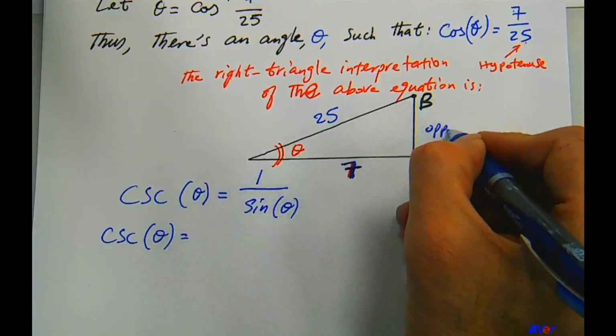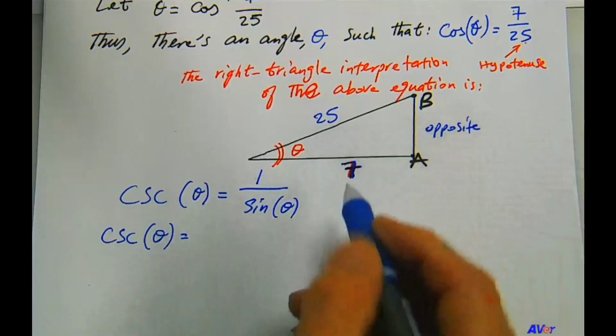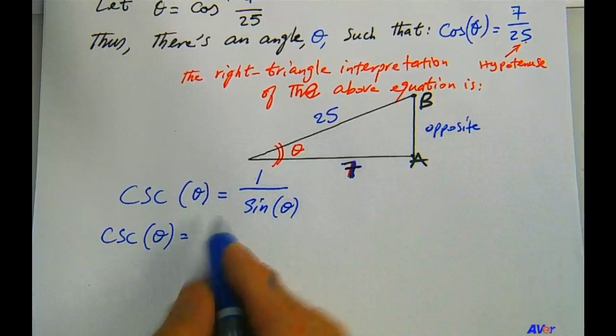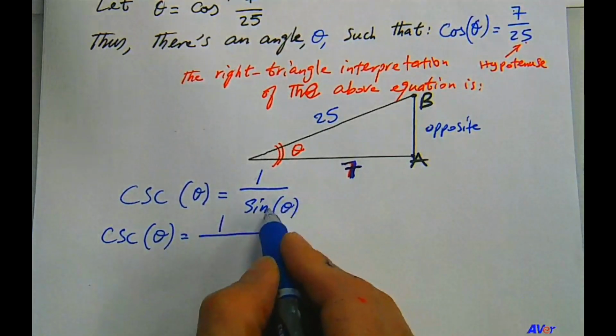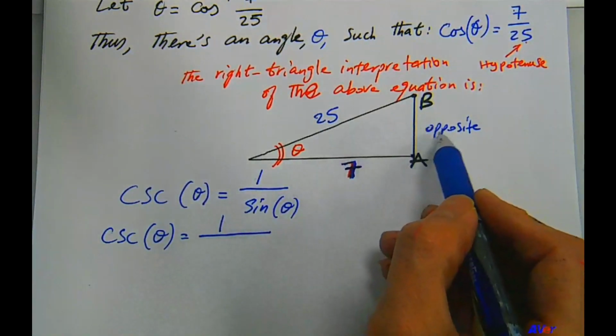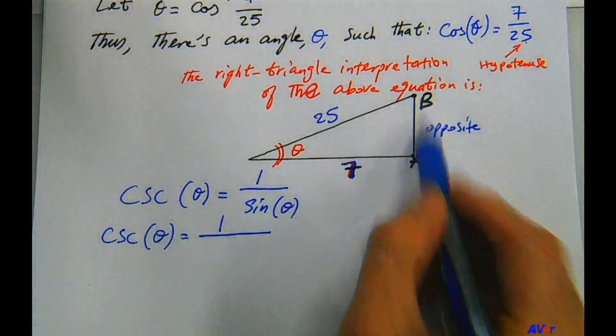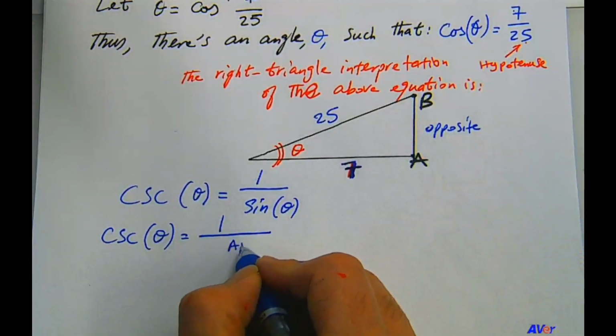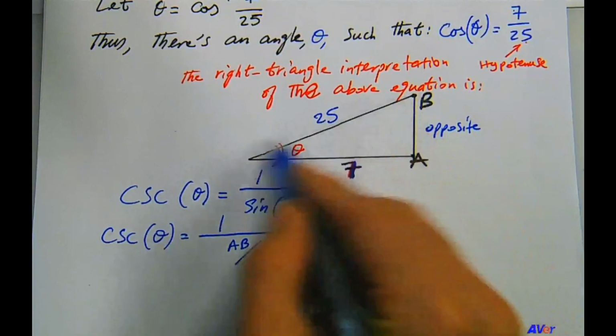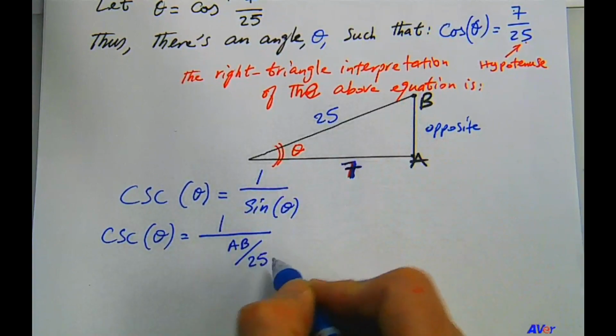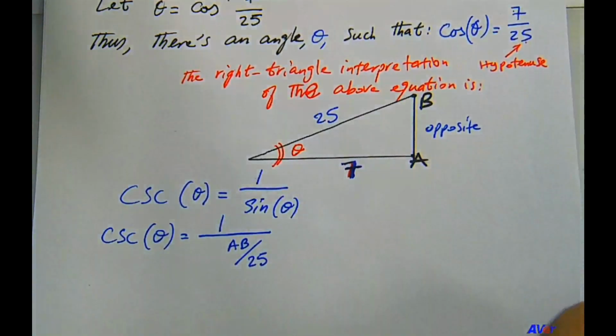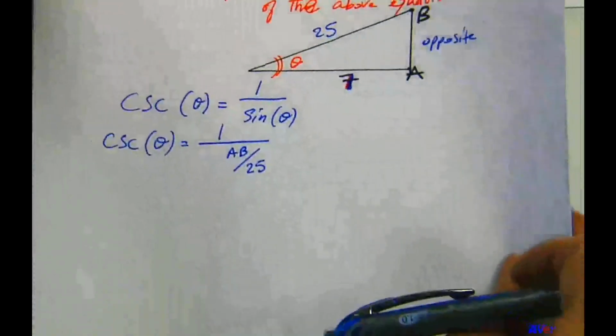This is the opposite side. But we don't have that. So I'm going to write 1 divided by, instead of sine theta, I'm going to write AB divided by the hypotenuse, which is 25, right?